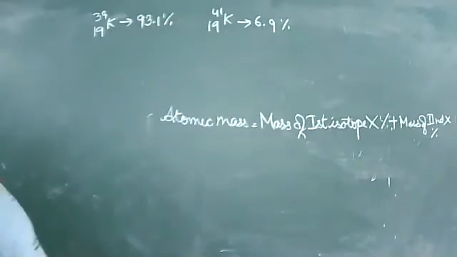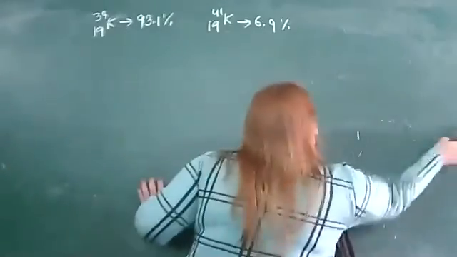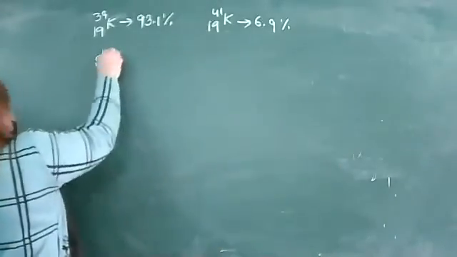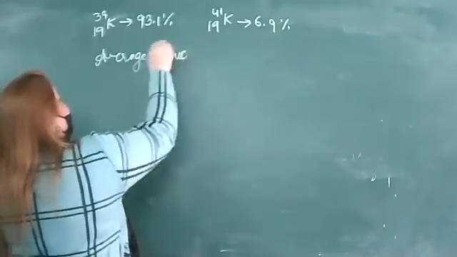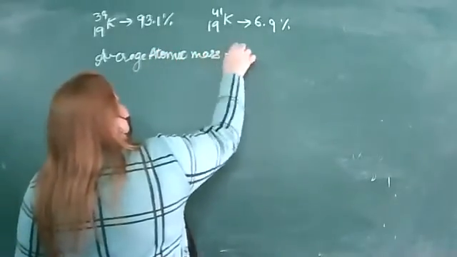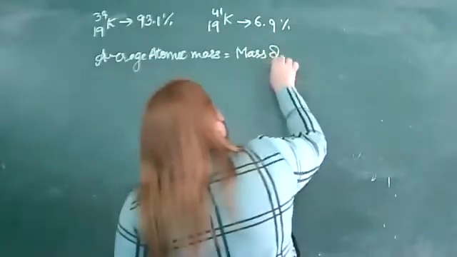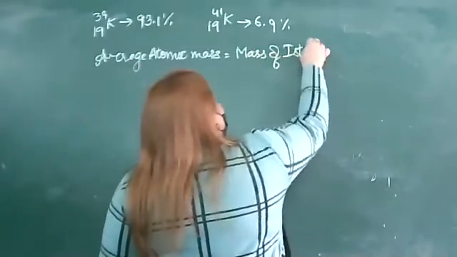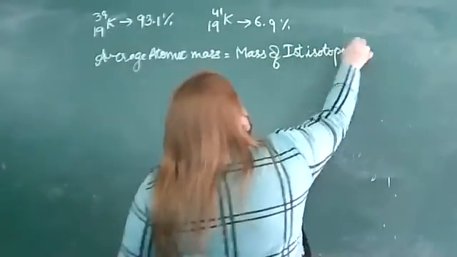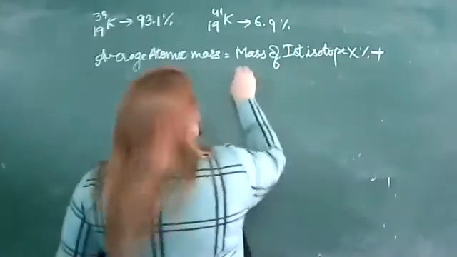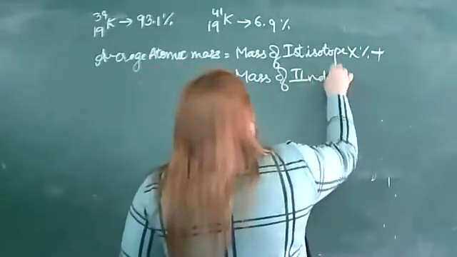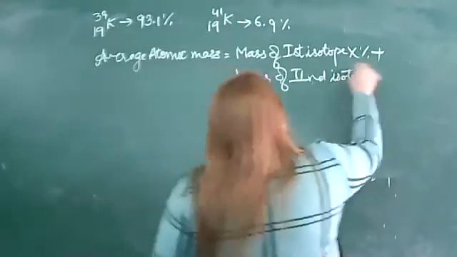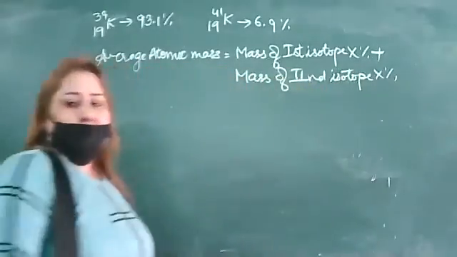What is the average atomic mass? In this statement, we have to calculate average atomic mass. So, average atomic mass equal to mass of first isotope multiplied by percentage plus mass of second isotope multiplied by percentage.